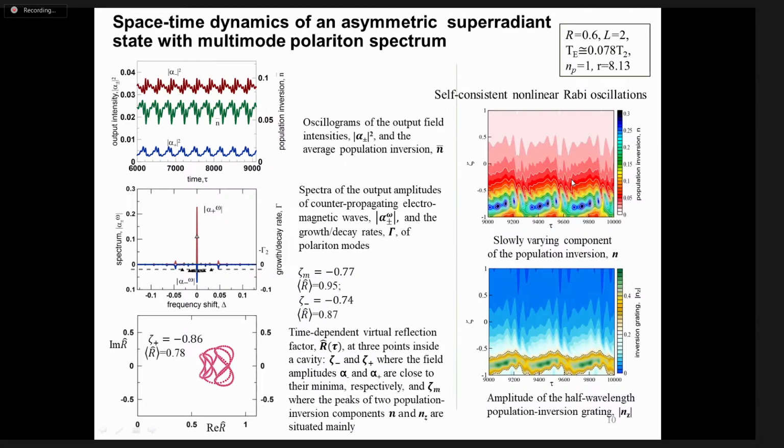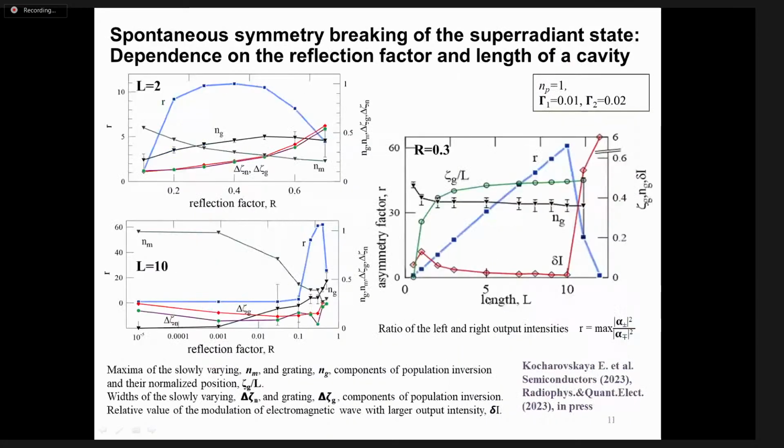You see that there are different periods of oscillations, for example, of the slowly varying in space component of the population inversion and the amplitude of the high-wavenumber population inversion gradient. They are modulated with different periods, but on average, the reflection factor is still higher than the reflection factor of the cavity.